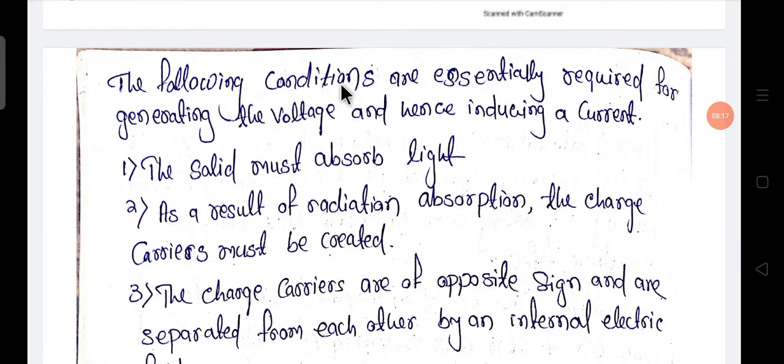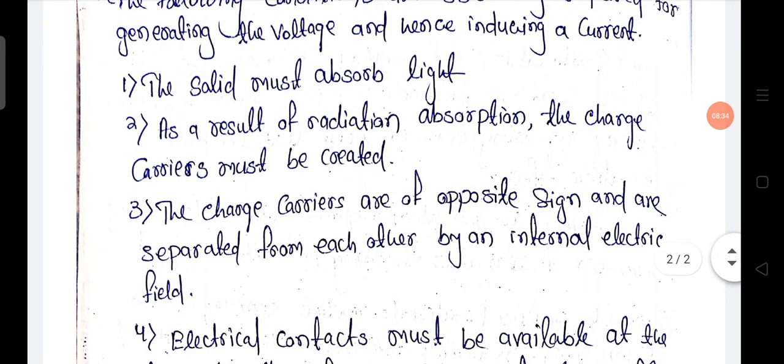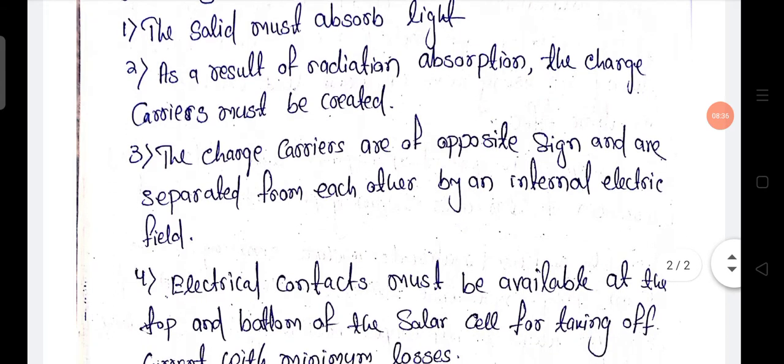The following conditions are essentially required for generating voltage and hence inducing current. That means four conditions should be satisfied for generating DC from the solar cell.